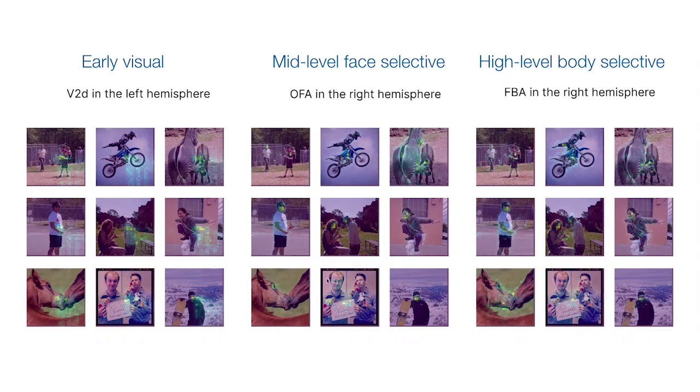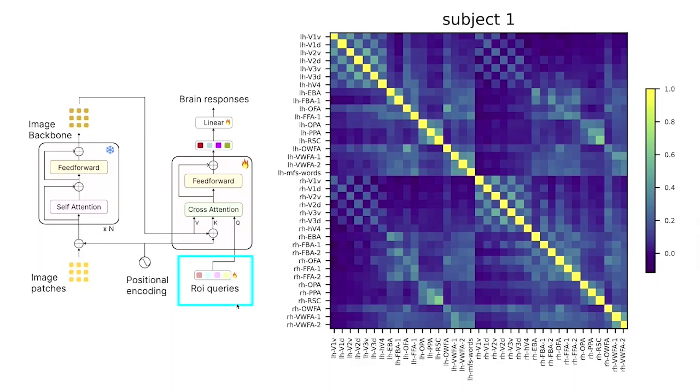If there are two faces, this is in the right hemisphere, the attention is to both. So it makes sense, the information that is being routed in the model makes sense, and the model learned the right kind of routing. We can also look at these ROI queries and see their relationship, because they're signatures of routing. You could see that in a way it kind of recapitulates the functional connectivity in these areas just through data-driven means.